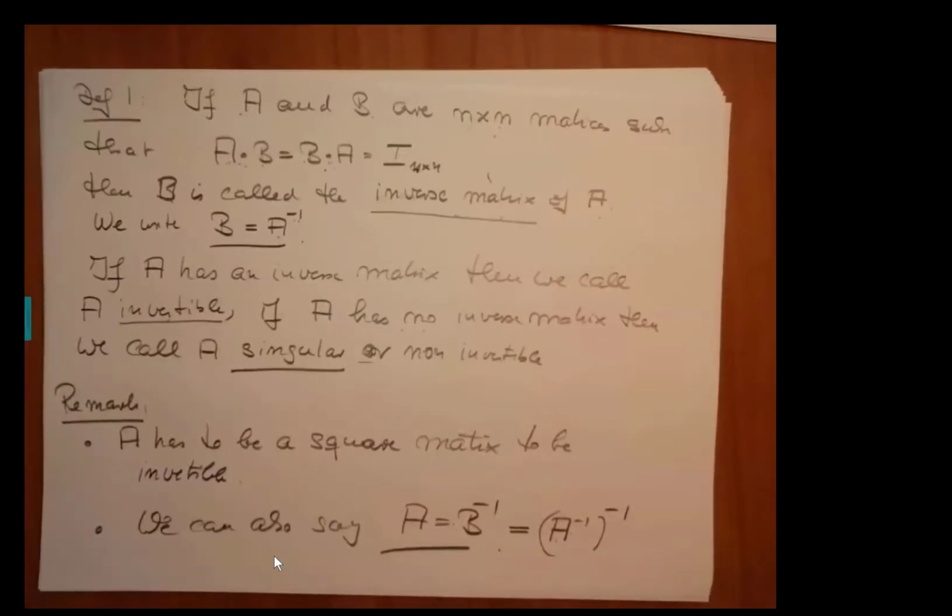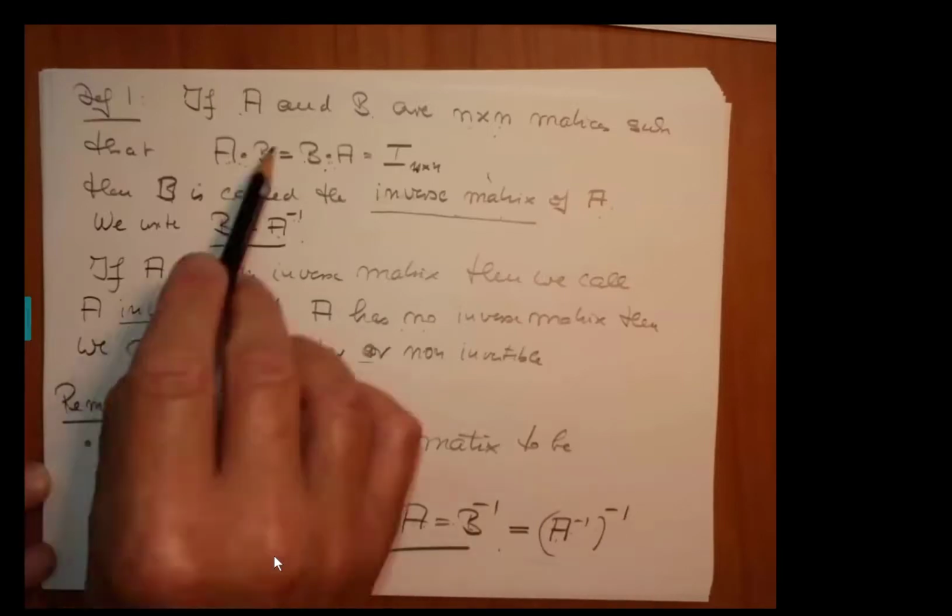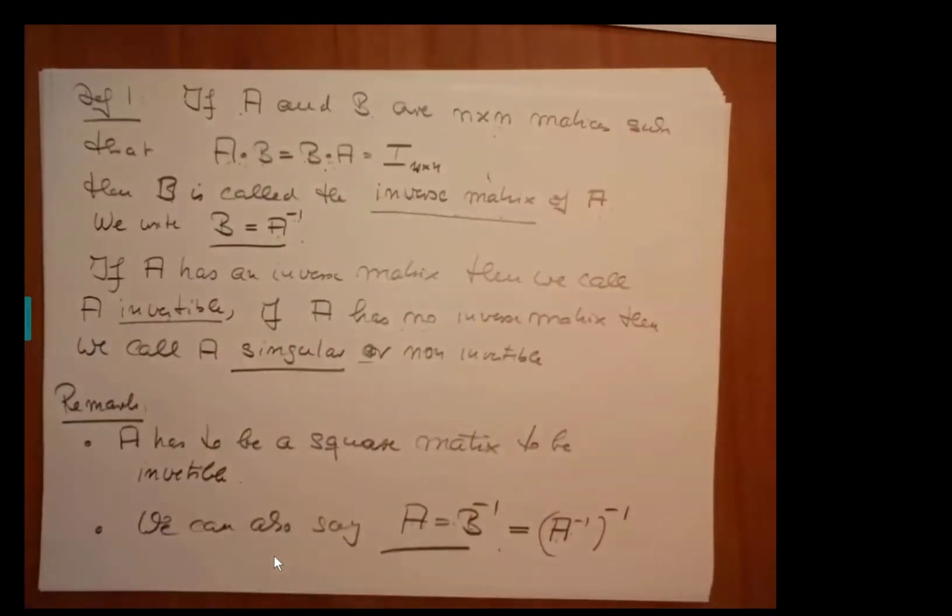Like from 3, you go to 1/3, and the inverse of 1/3 is 3 again. Also, because it's symmetric, we have this. In the book, this is a result which comes up later in a separate statement, but it's already clear here from the symmetry of the definition.